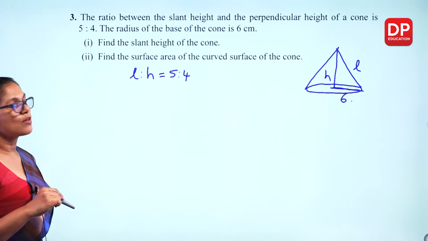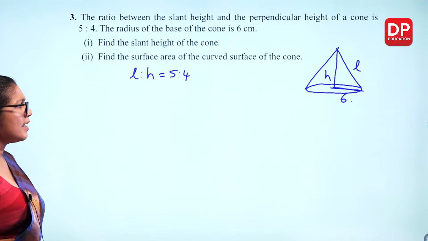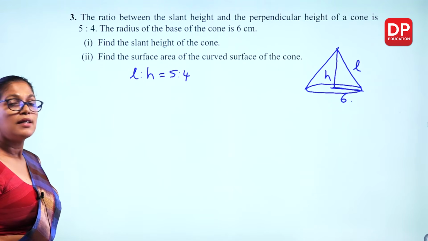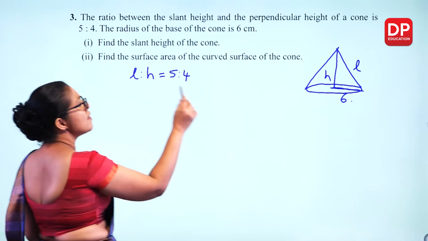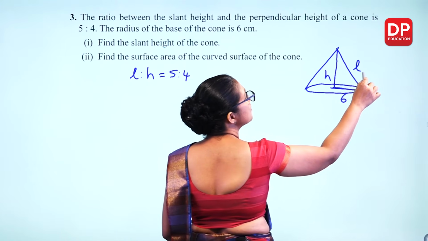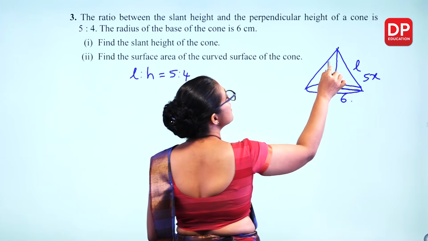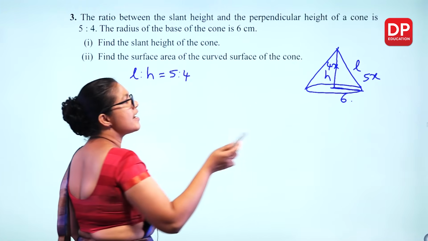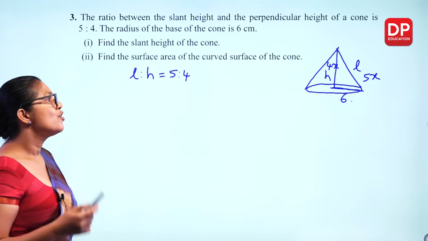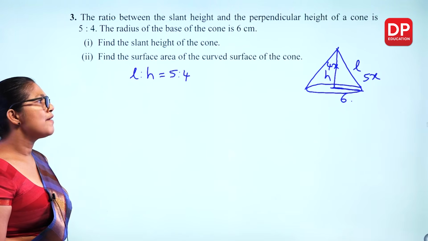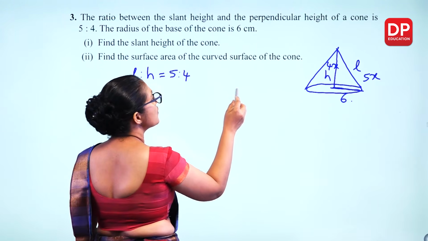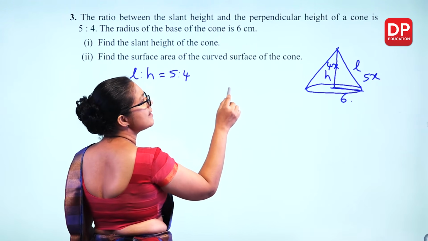Find the slant height of the cone. Now here we can use the x term. If this is 5x for l, this becomes 4x, because the ratio is 5 to 4. So you can use Pythagoras theorem and find x.